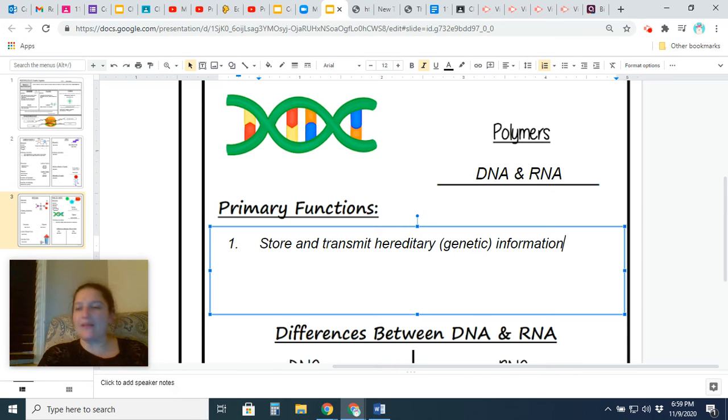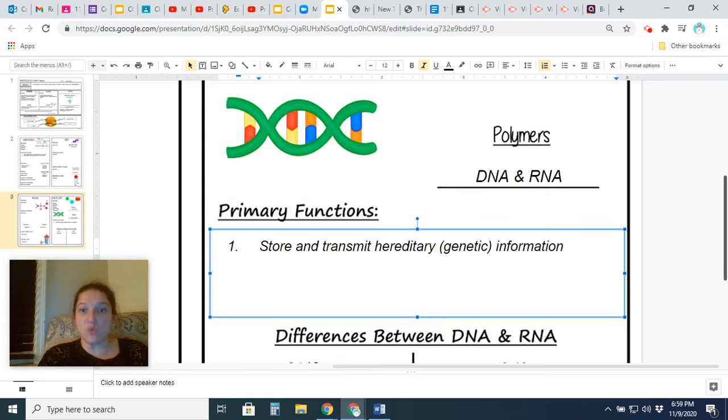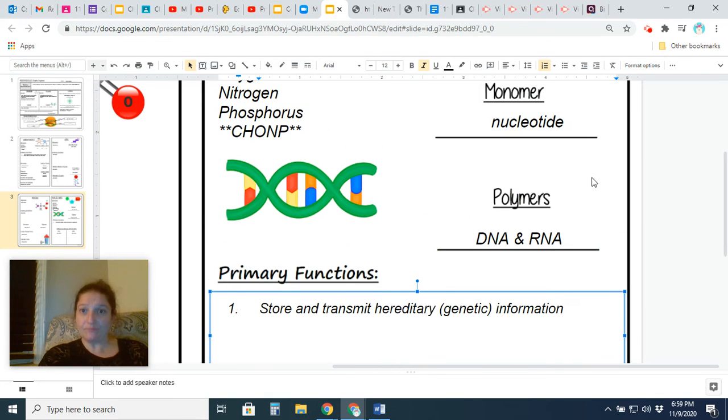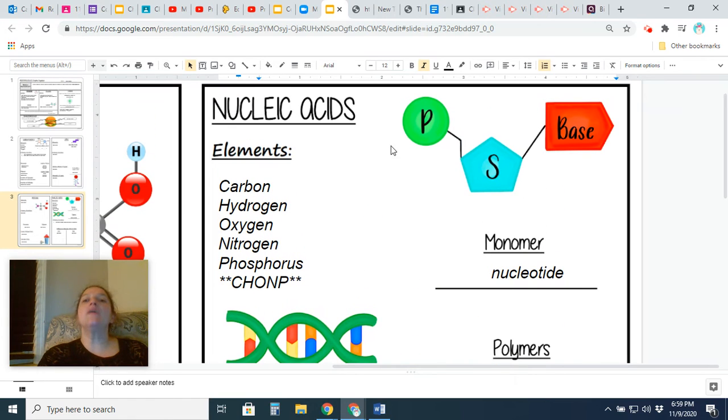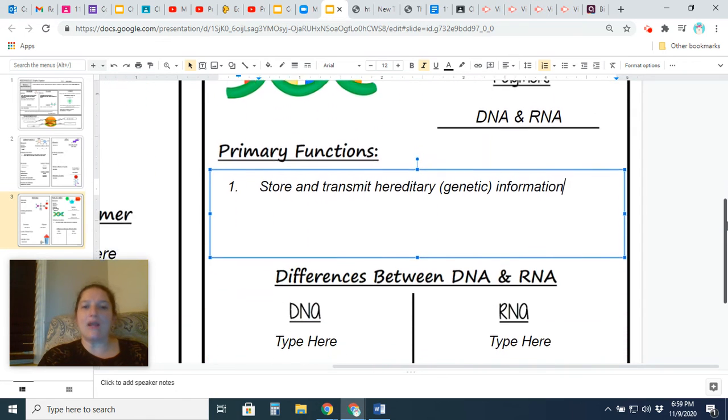We'll talk more about that later when we get more into genetics, but this is where your genetic information is stored. One more time, DNA and RNA are made up of nucleotides: a phosphate group, a pentose sugar, and a nitrogen base. This is the basic building block of all DNA and RNA.